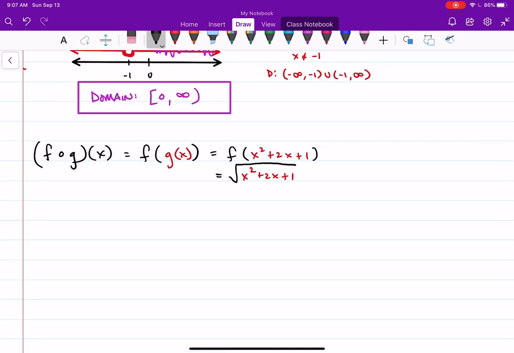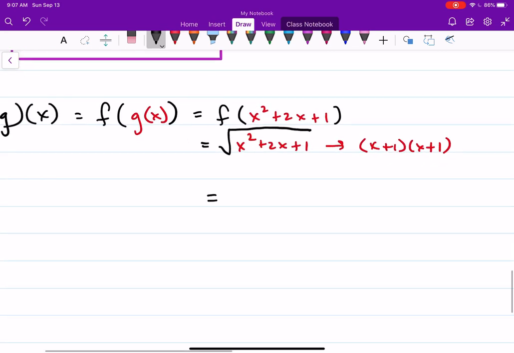However, if you notice, this inside here is factorable. So that is actually x plus 1 times x plus 1. So really speaking, this actually simplifies. So I really have the square root of x plus 1 squared. Ooh, look at that.